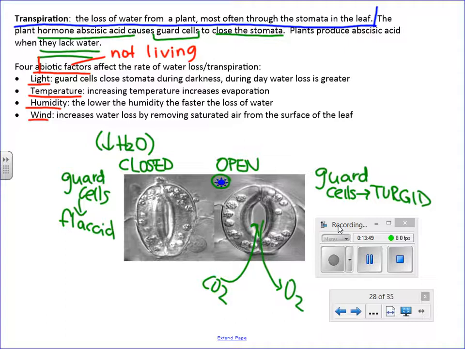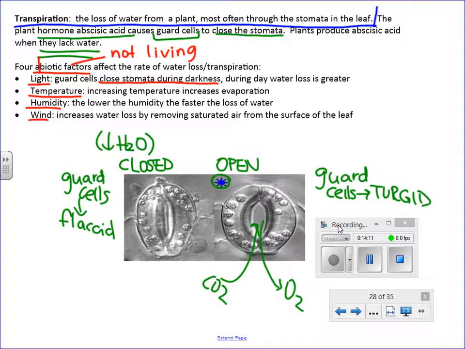So the first factor, light, I already mentioned. Guard cells close the stomata during darkness. That's because photosynthesis is not occurring at night. Now, does that mean that the guard cells are closed every minute of the night? Not necessarily.